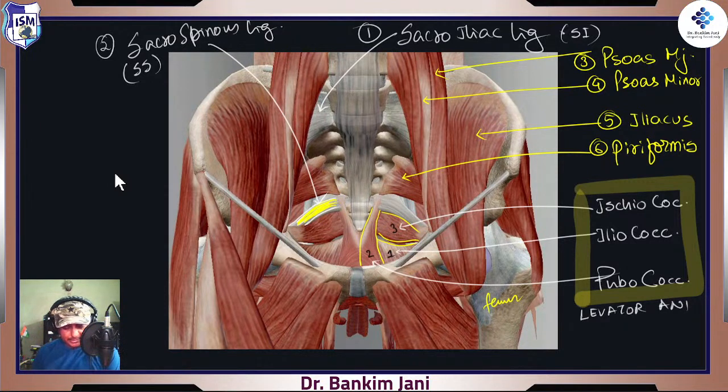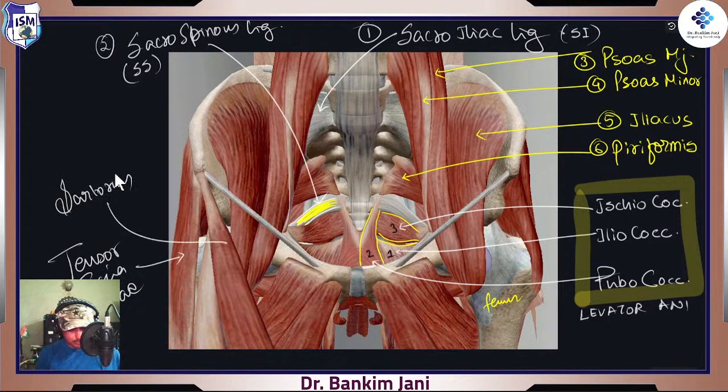Regarding the rest of the muscles, this is tensor fascia latae, and this oblique one is sartorius, correct? Sartorius, this one. And obviously this would be the anterior superior iliac spine and the inguinal ligament. You know about that.